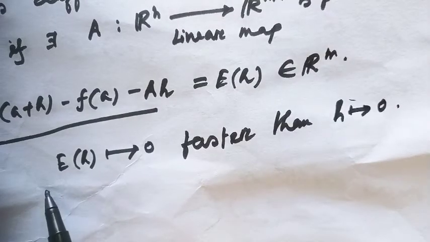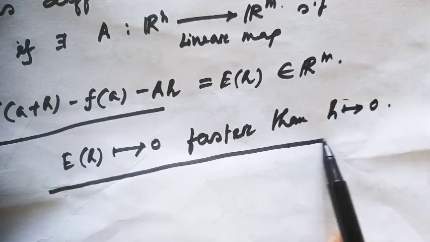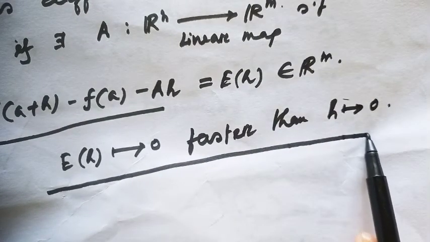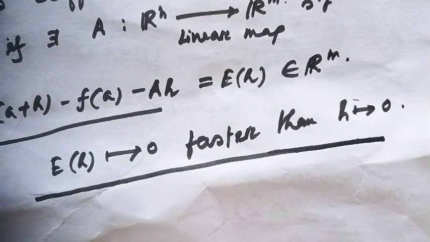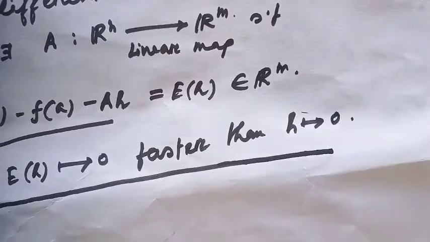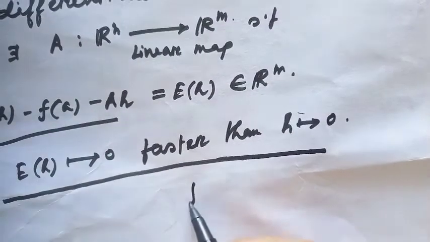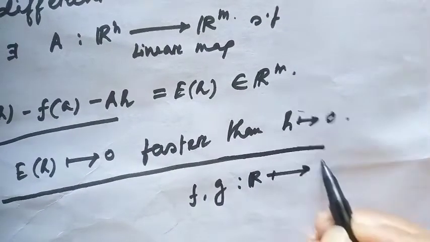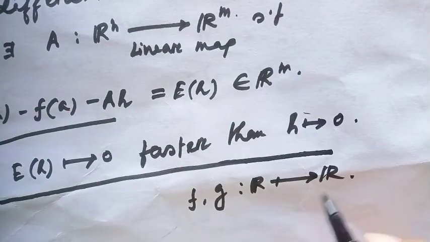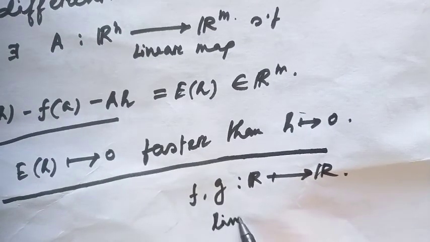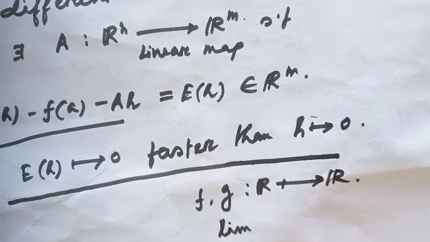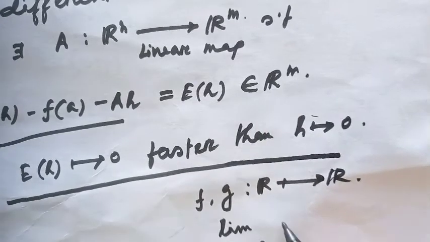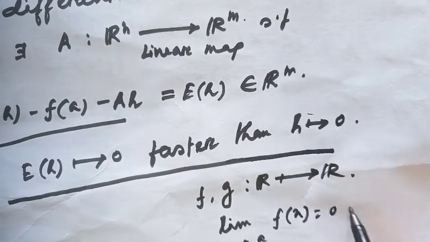Are you getting this meaning of faster? Just think, this is very important. That means consider two functions f and g which are defined from the real line to the real line. Then limit x goes to a, f(x) equal to 0.